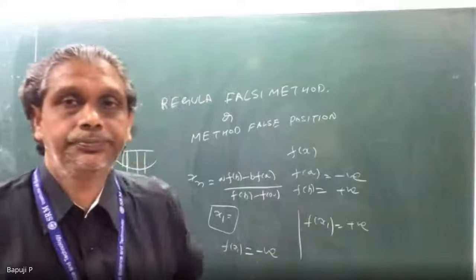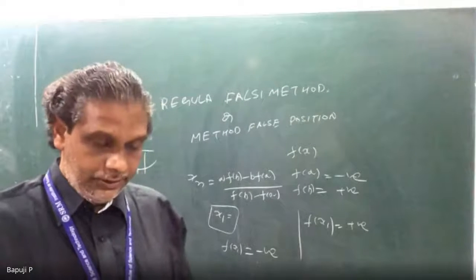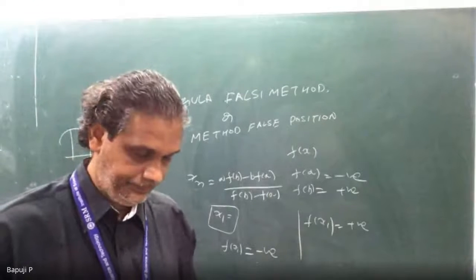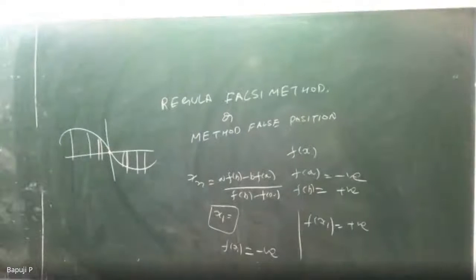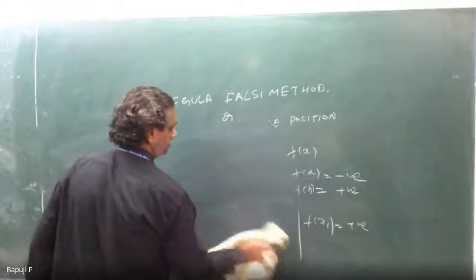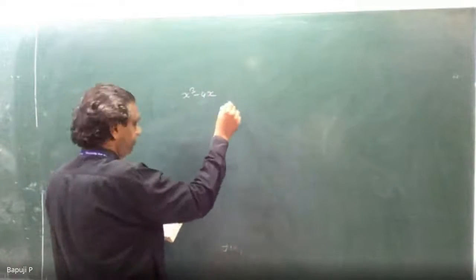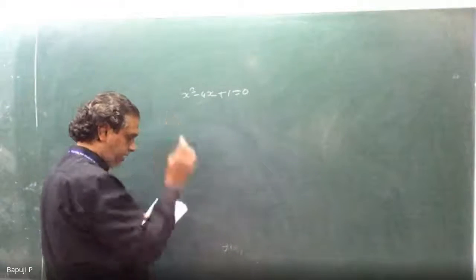Okay, now take one question. Solve for the positive root of x cube minus 4x plus 1 equal to 0 by the regula falsi method.